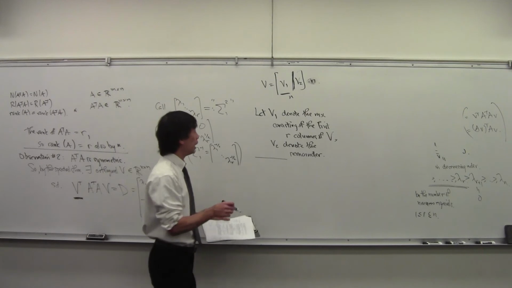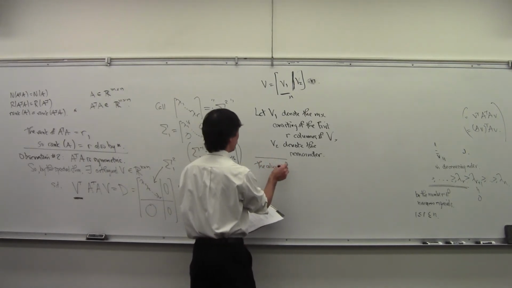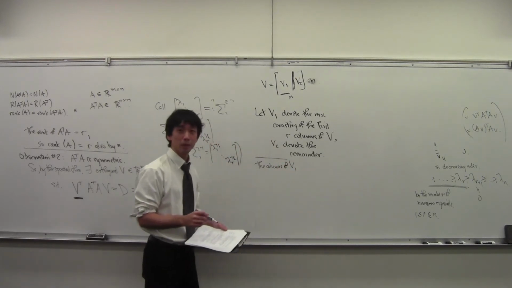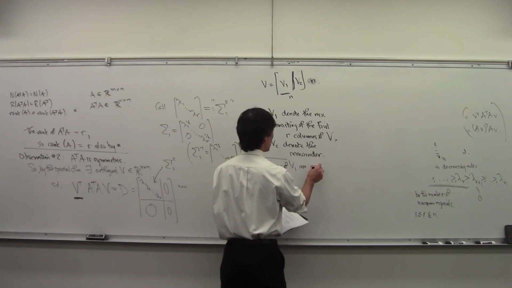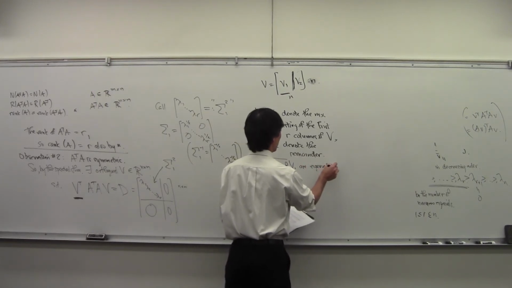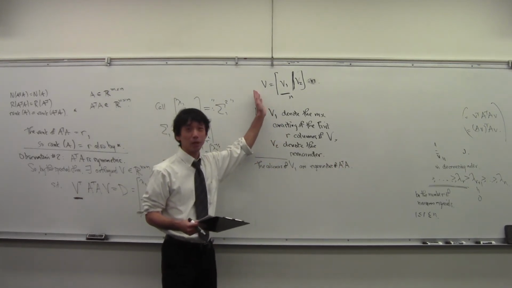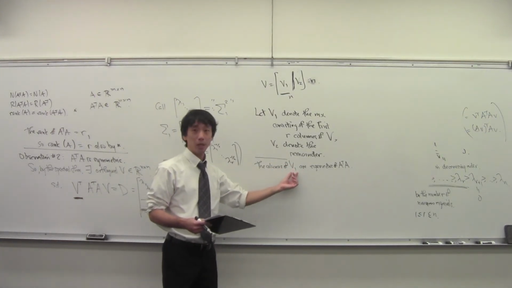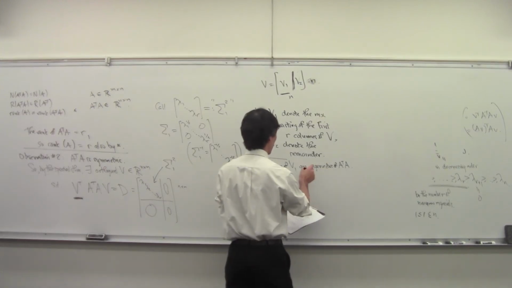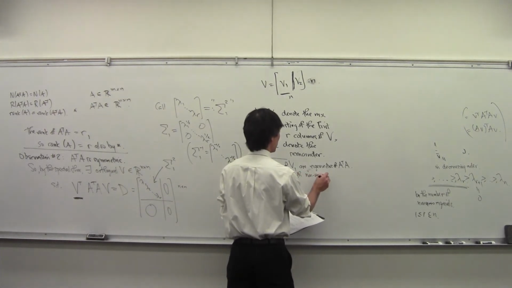Now think, the columns of V1 are eigenvectors of A transpose A, right? The columns of V are all eigenvectors of A transpose A. These are the guys that are the eigenvectors of A transpose A with the non-zero eigenvalues.